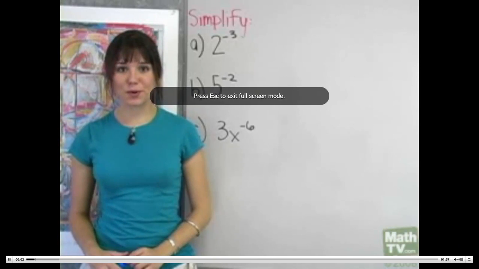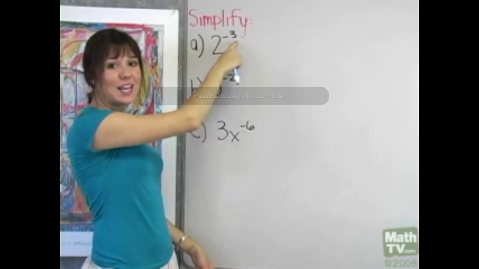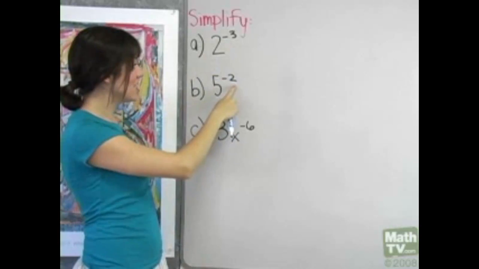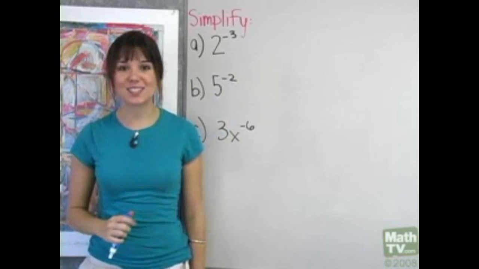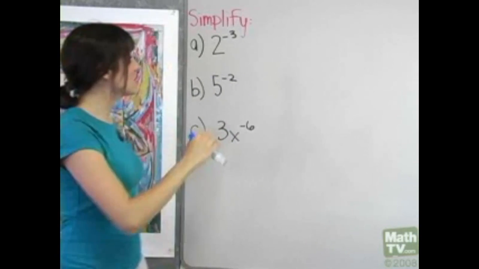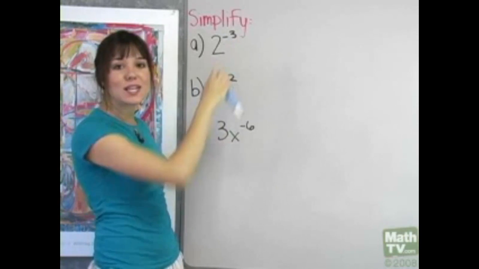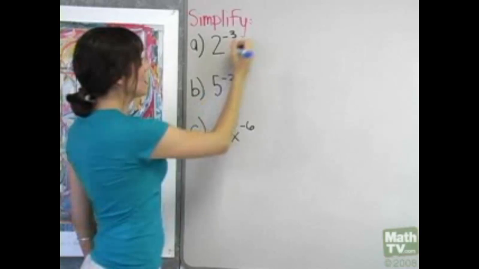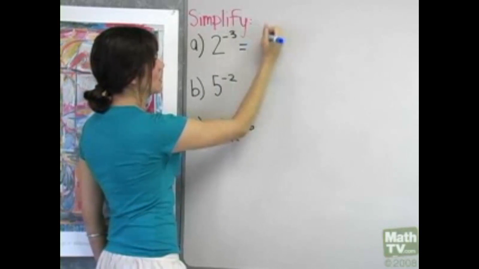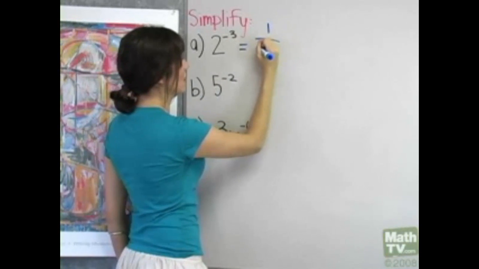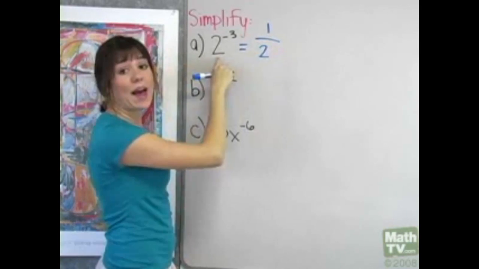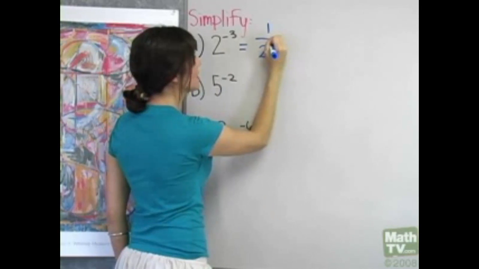In this example, we want to simplify 2 to the negative 3, 5 to the negative 2, and 3x to the negative 6. So whenever we have a number or a variable raised to a negative exponent, that's the same as if we did 1 divided by whatever that number was to the positive exponent.